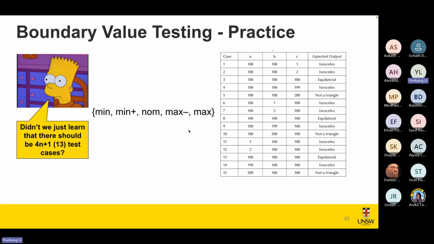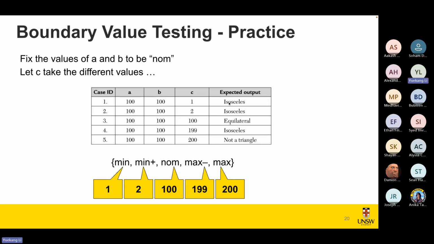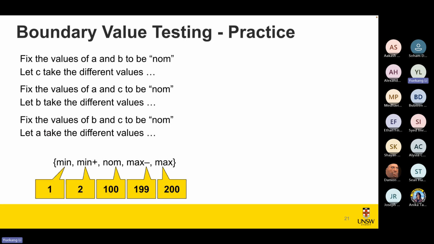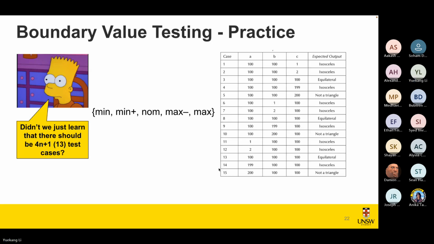And you can see that we create 5 test cases each time, right? And we do this for 3 times because we have 3 different variables. And we just learned that there should be 4n plus 1, which is 13 test cases. But now we have 5 times 3, 15 test cases.